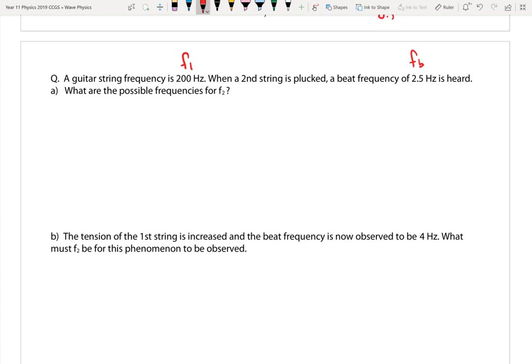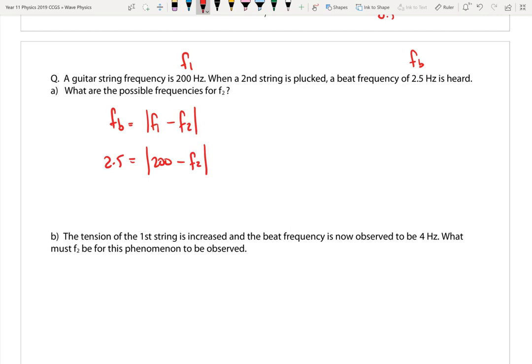Let me just find my solution. Where are my beat frequencies? There they are. Okay, so we've got 2.5 equals the absolute value of 200 minus F2.